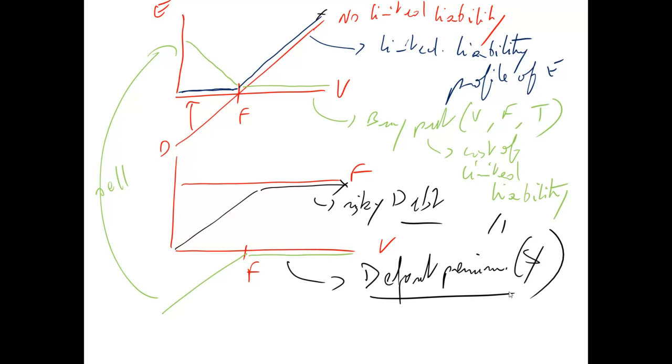So that's exactly what you have. And you see that, in fact, the limited liability is what provides an option profile to the equity holders and the shareholders and the debt holders.